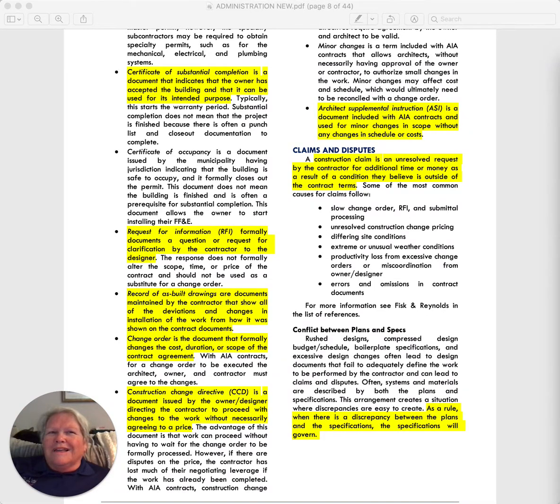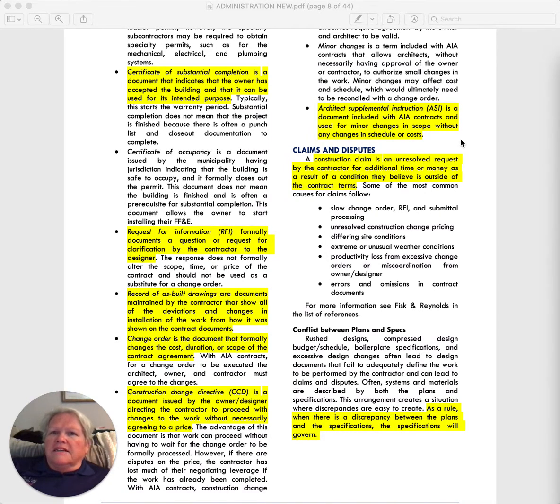And so contractors should be leery of that, simply because the best time for negotiation is before you've actually done the work. However, these are recognized tools by the AIA, American Institute of Architects. I have had them used on me before, and it requires a lot of trust between the contractor and the owner before implementing one of those.